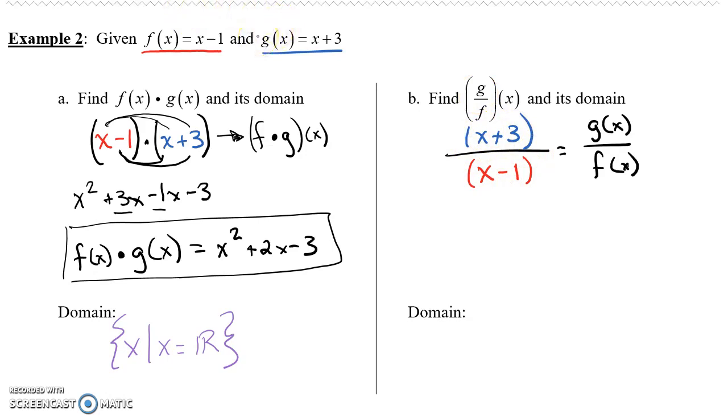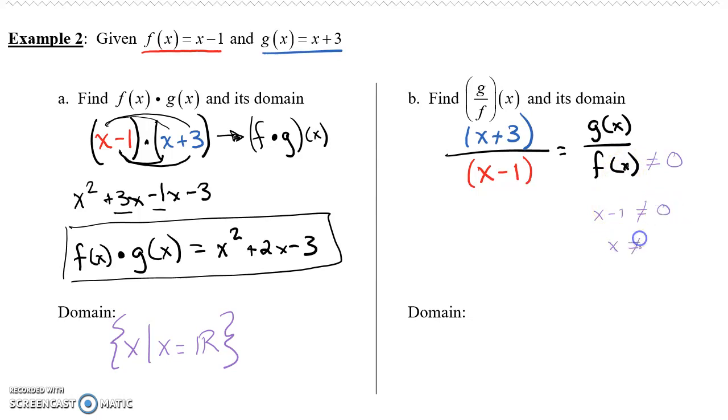However, this is where the extra restriction comes into play. Since f of x is my denominator, f of x cannot equal 0. That is a restriction that I have to add. And since f of x is equal to x minus 1, f of x cannot equal 0.